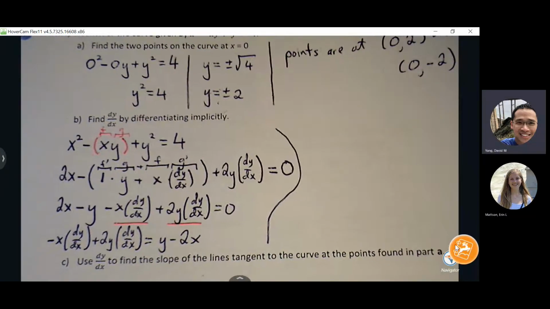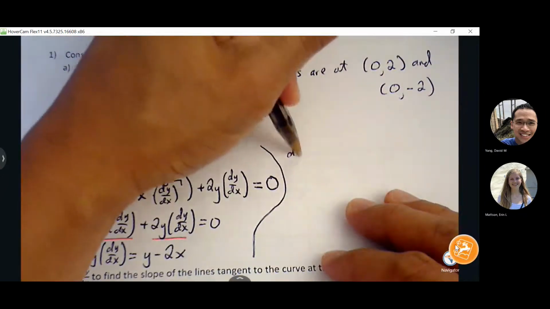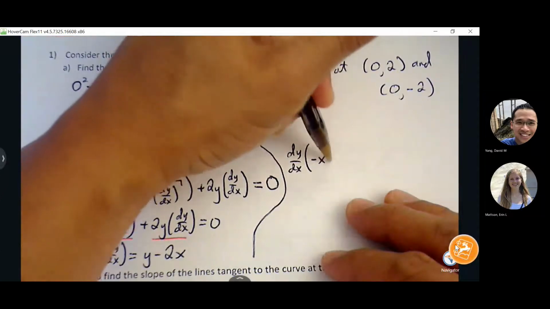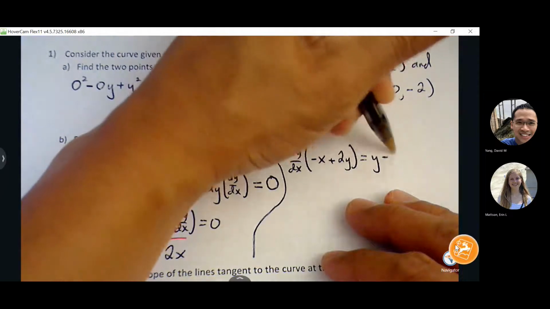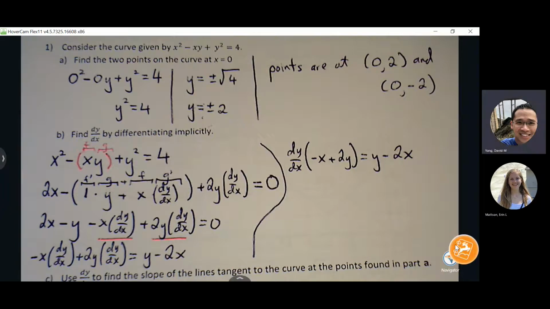Factor out my dy dx. And then divide the parentheses over.